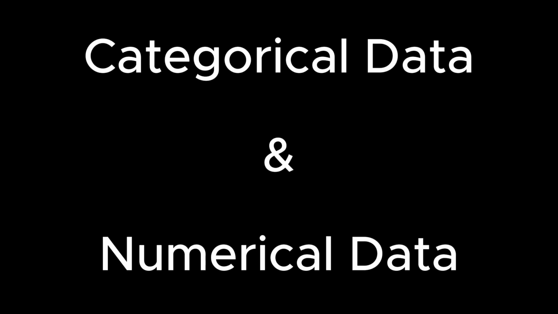Now, numerical data, by contrast, can take any value over some range. Income is a good example of numerical data, because your income can essentially be anything from 0 up until, well, whatever the highest income is, tens of millions a year. There is some ambiguity in the boundary between categorical and numerical data, because usually there's a smallest unit that you can meaningfully measure something.